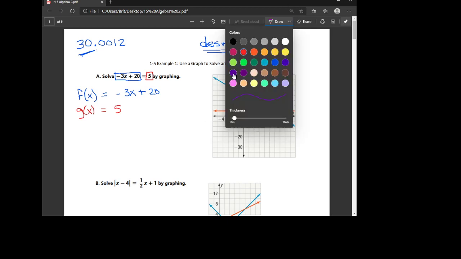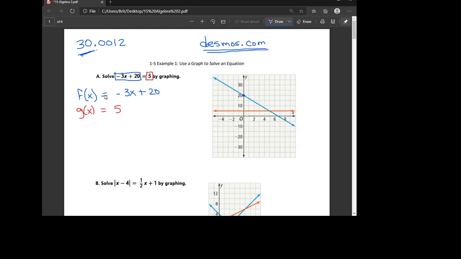So the solution to the equation, we know there's one answer here. I could do some quick maths: subtract 20, get negative 3x equals negative 15, divide by negative 3, and get x equals 5. I could do that with arithmetic, which I encourage. But see, there's only one answer.